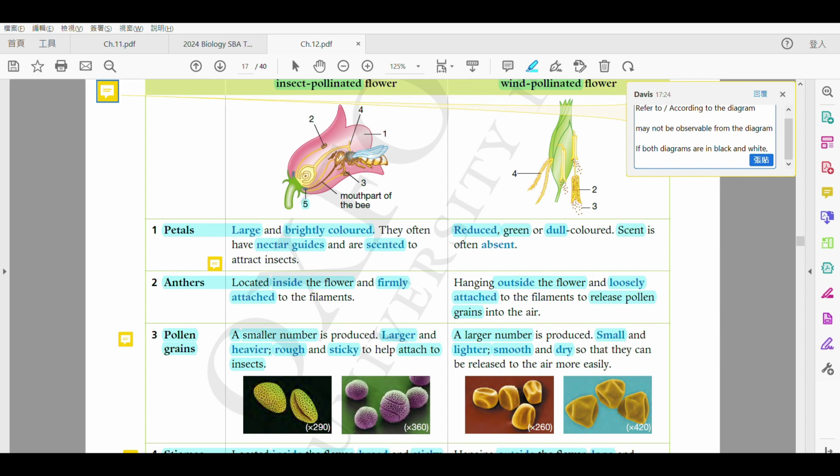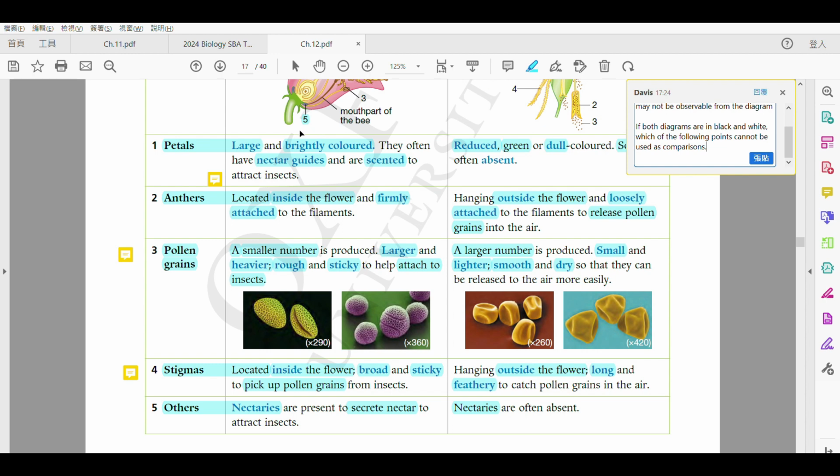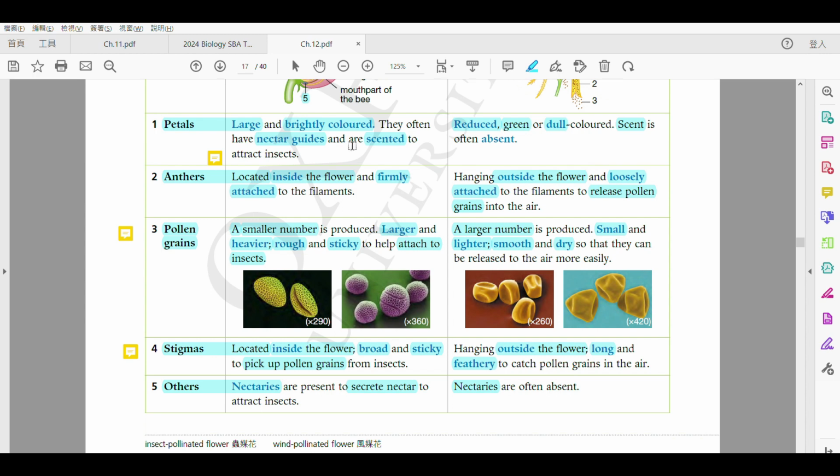If both diagrams, these two diagrams, are in black and white, which of the following points cannot be used as comparisons? 1 to 5. Which of the following cannot be used as comparison? Understand? And then answer me this question in class.